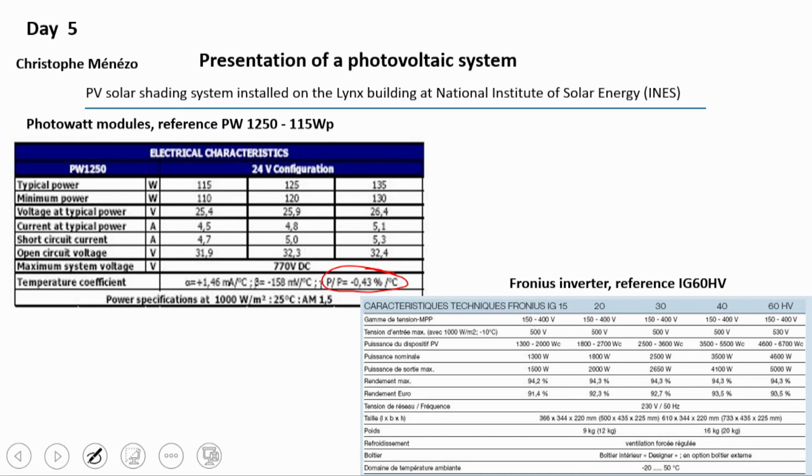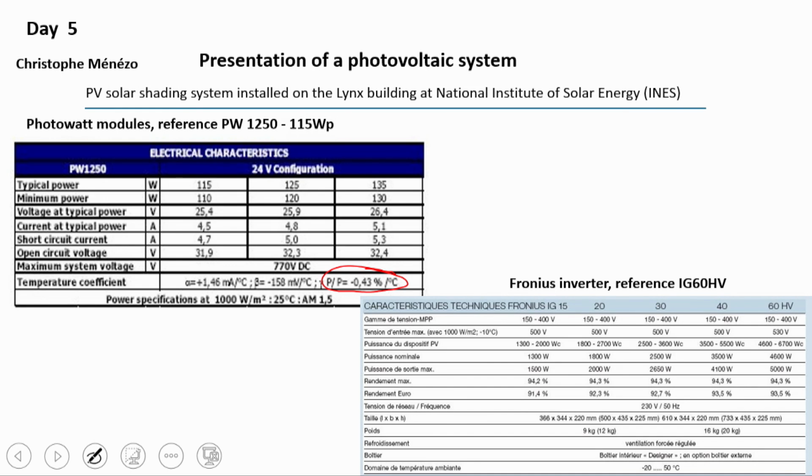The power. Of course, there is an impact on intensity and voltage, but here the question was about the power, okay? So the coefficient is minus.